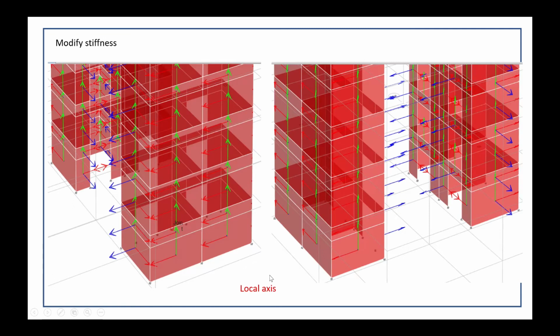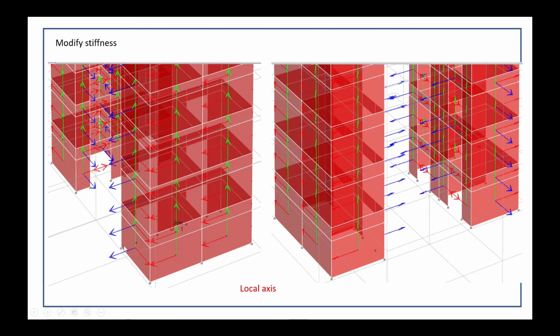Now let's zoom in to check the axes. The red local axis is local axis 1, the green axis, the local axis upward, is local axis 2, and this local axis is local axis 3.